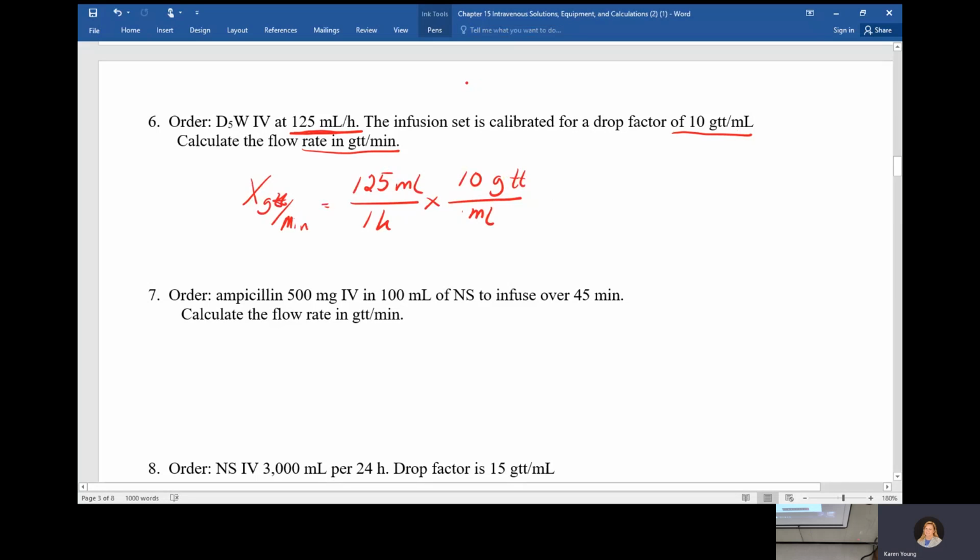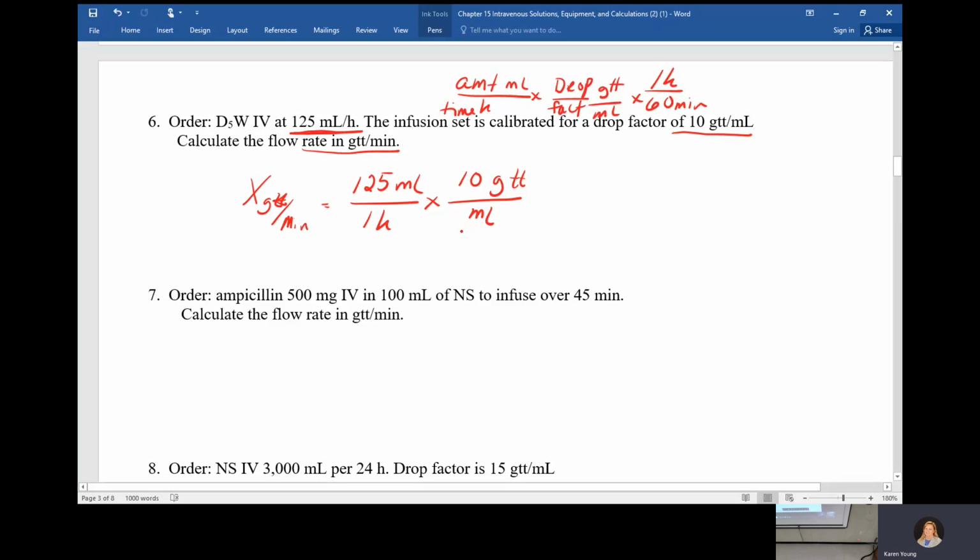So you're going to have your amount in milliliters over your time in hours, times your drop factor, is your drops. GTT over your mL. Most of the time it's in hours, so you're going to use the time conversion, 1 hour over 60 minutes.